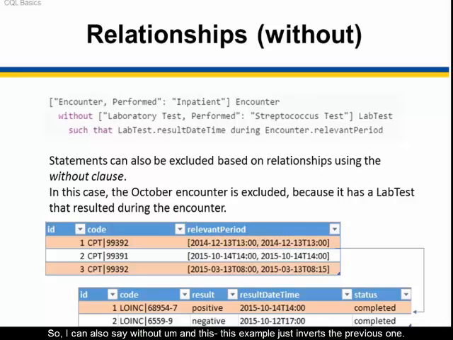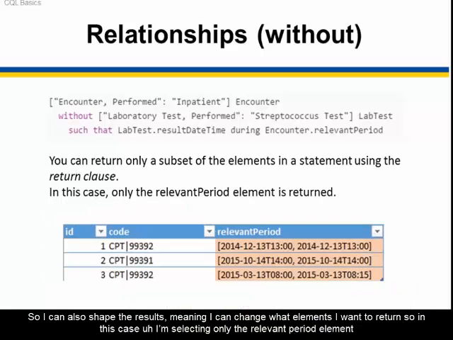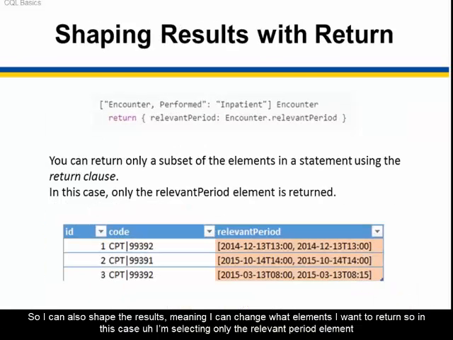So I can also say without, and this example just inverts the previous one. So I can say I want encounters that did not have a lab test for streptococcus resulted during the encounter. So that would return all the encounters except the one that had that. So I can also shape the results, meaning I can change what elements I want to return.